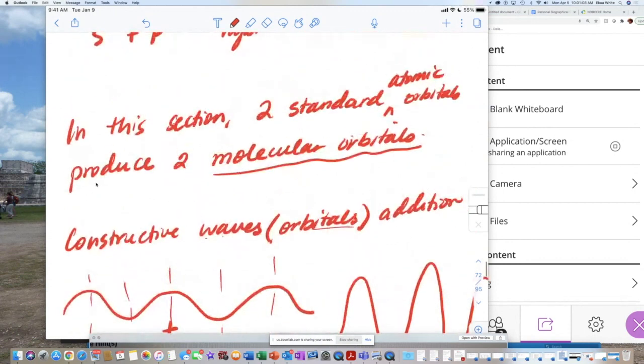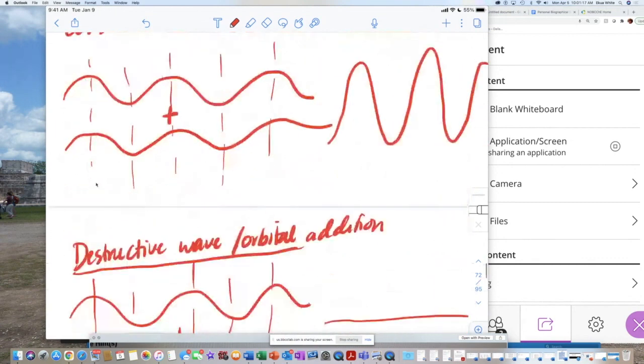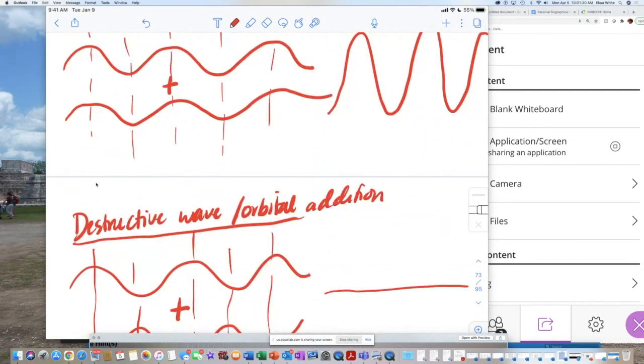So we're being told here, in this section, 2 standard atomic orbitals are added to produce 2 molecular orbitals. So when you're adding 2 atomic orbitals, they interact both constructively and destructively. When they interact constructively, they produce molecular bonding orbitals.